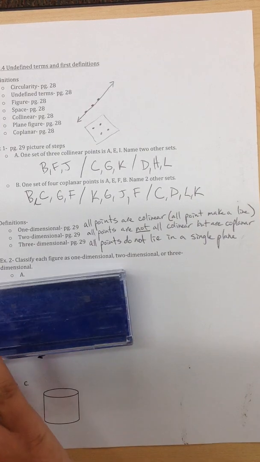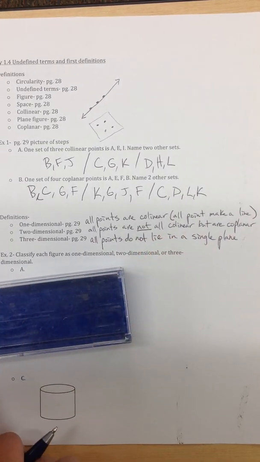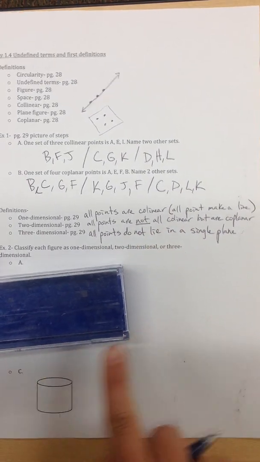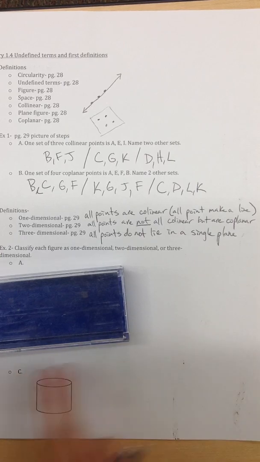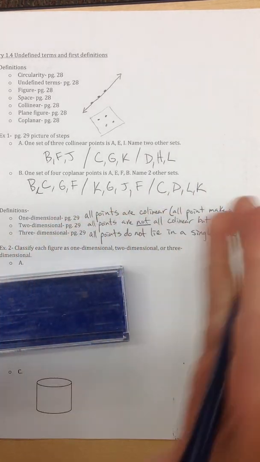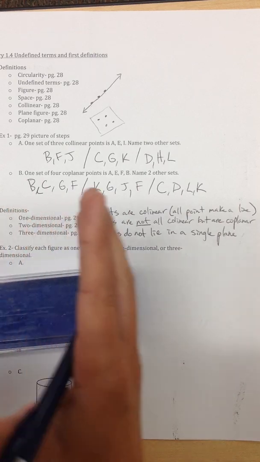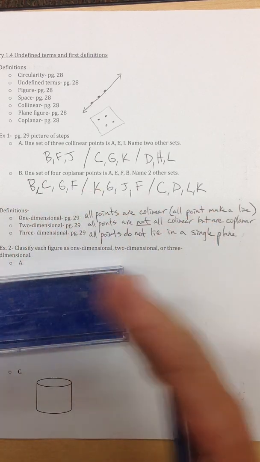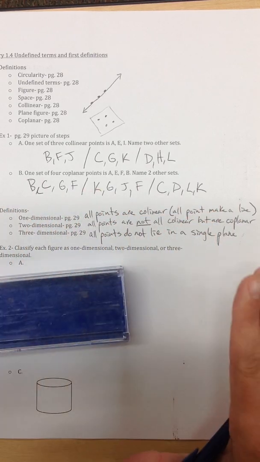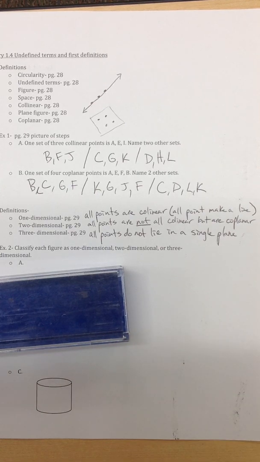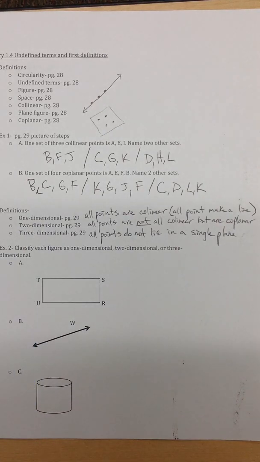So you'd have a flat surface plane for the top, then maybe like a half inch down you'd have another flat surface and another flat surface, and you could cut an unlimited amount of flat surfaces through there, cut them into slices, and those would all be planes. You could cut a plane this way, you could cut a plane this way, you could cut a bunch of different planes, okay? So that would be something that's three-dimensional.